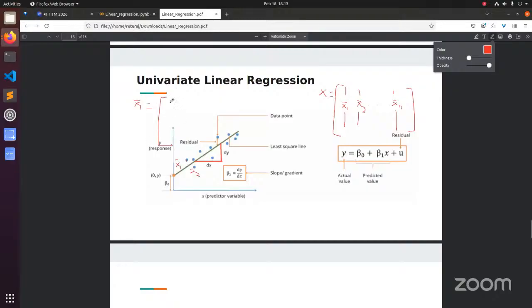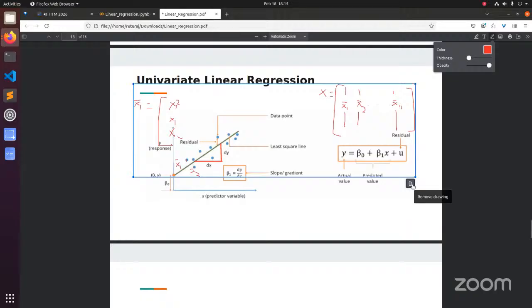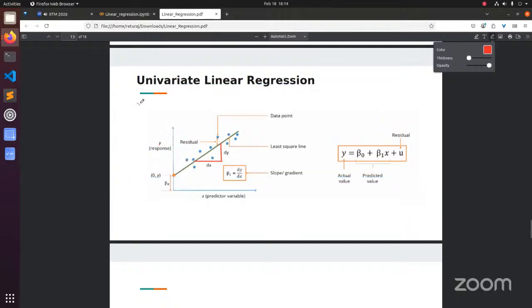We wrote it as x1 square, x1, and 1. So this was this x1 point.